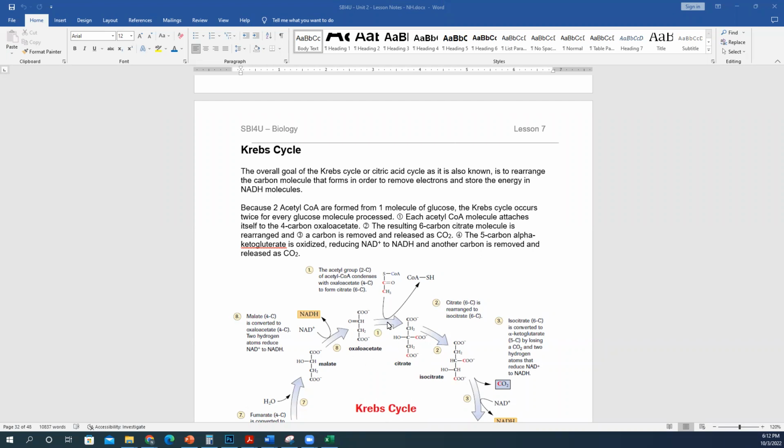And this is at the very beginning, at the top of the cycle. So we have 2 carbons from acetyl-CoA, we have 4 carbons from oxaloacetate, and we end up with a 6-carbon citrate molecule. And this citrate molecule rearranges itself to isocitrate.